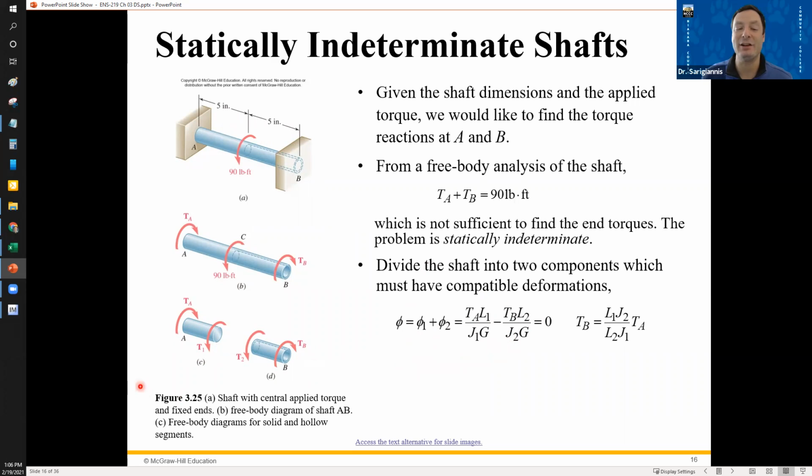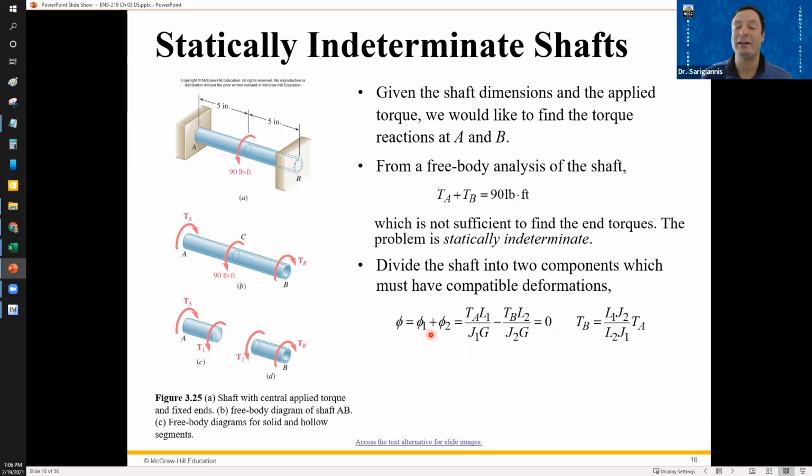We're saying at this intersection, the overall phi is phi1 plus phi2. However, this equals 0, because overall, at one end, there's no deformation, there's no twist. It's in the middle that it's twisting.